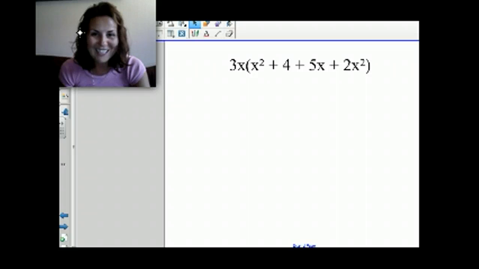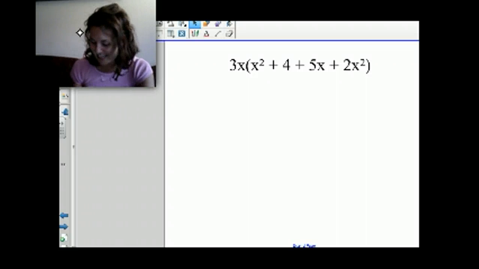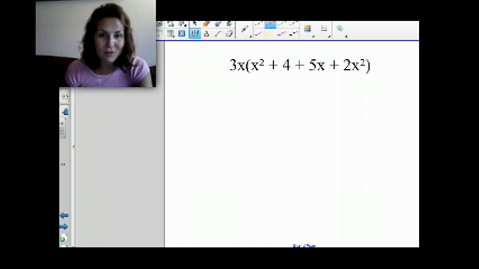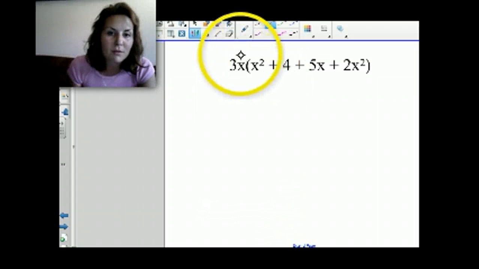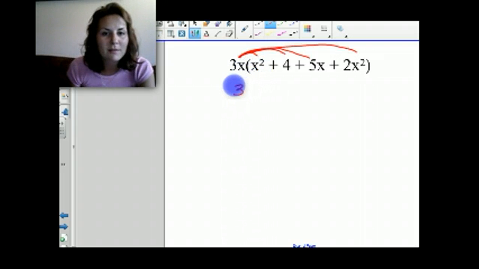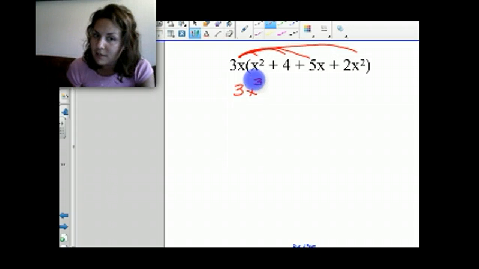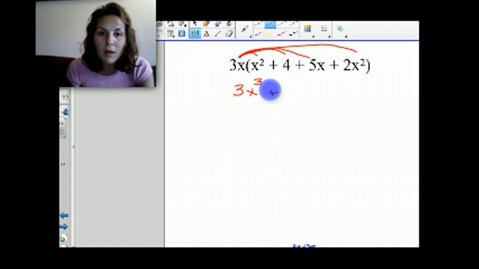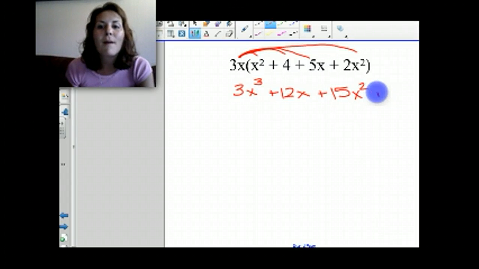This one looks more complicated. It's the same idea with more terms. Distribute your 3x. 3x times x squared is 3x cubed, because now there's 3 x's, plus 12x, plus 15x squared, plus 6x cubed.